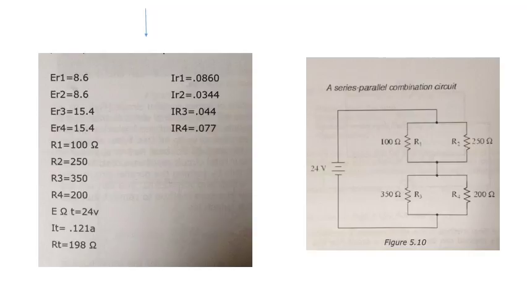Current total equals 0.121 amps, and resistance total equals 198 ohms. Current R1 or IR1 equals 0.0860, IR2 equals 0.0344, IR3 equals 0.044, IR4 equals 0.077.